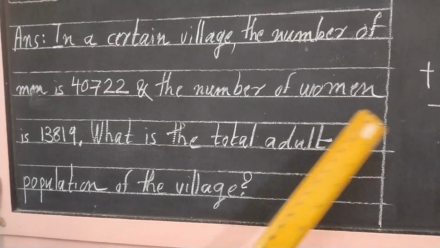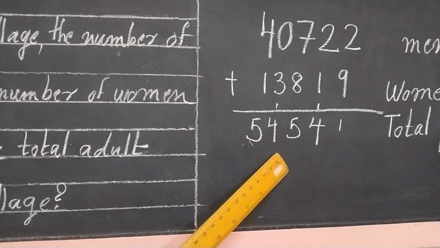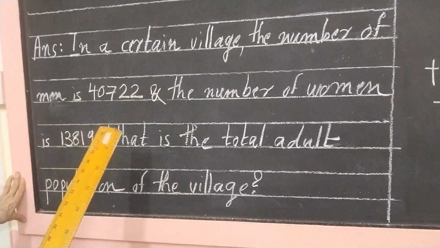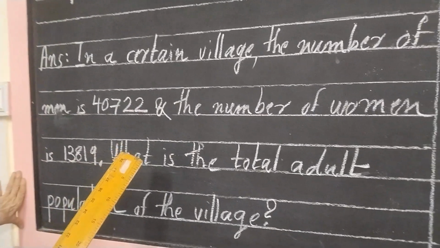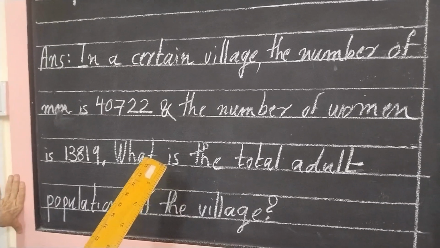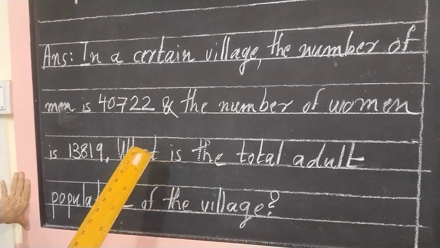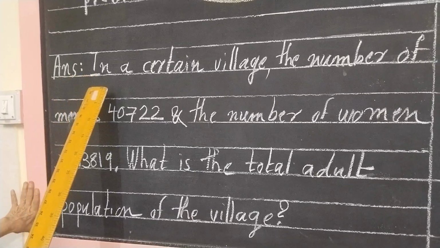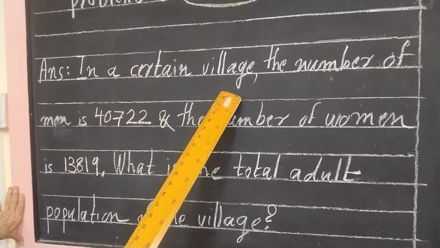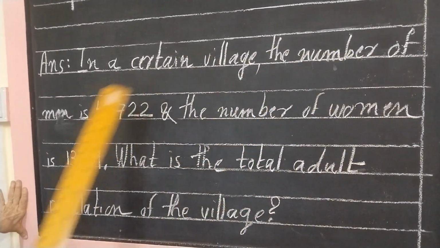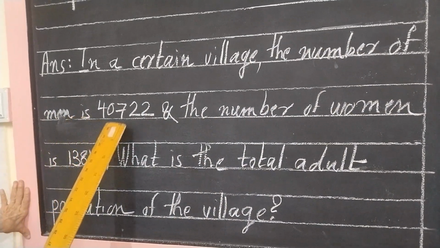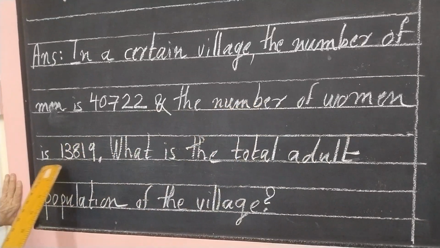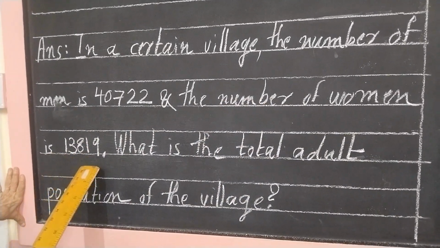So Honeybunch, whatever we have covered here now, that we have to put now in sentences. And the sentences have to be coming from our day-to-day life. For example, here we have completed this answer by stating, in a certain village, the number of men is 40722 and the number of women is 13819.